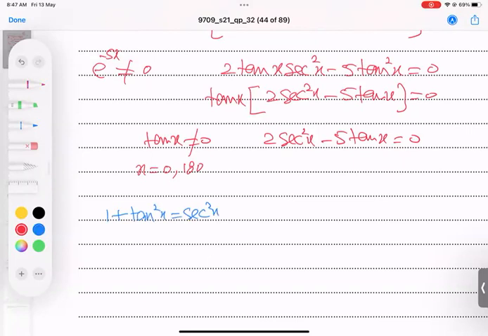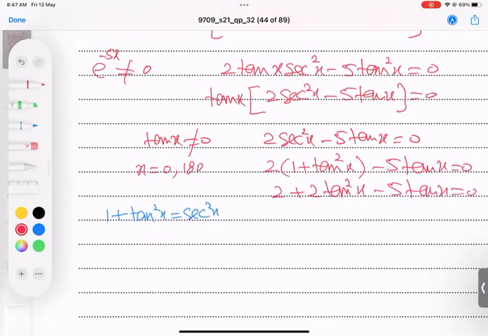So when I replace this value here, what will happen? 2 times (1 plus tan square x), so 2 ones are 2 and 2 tan square x. Reorder: 2 tan square x, negative 5 tan x, and plus 2 equals 0.